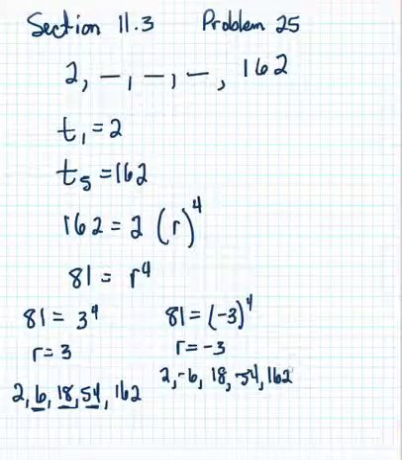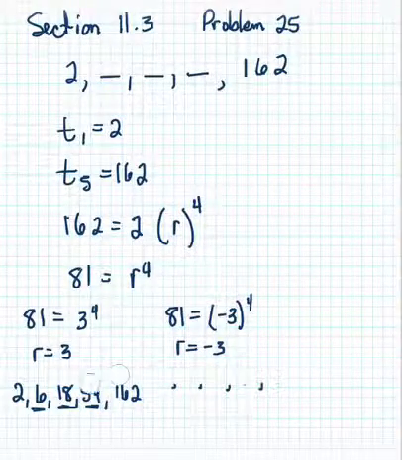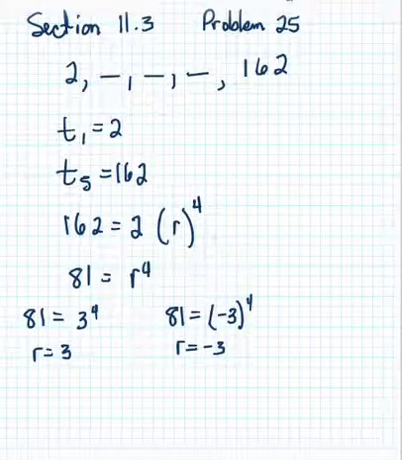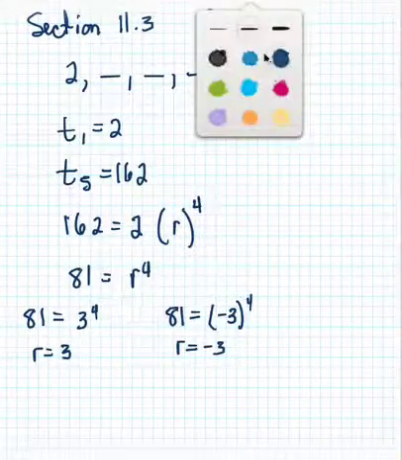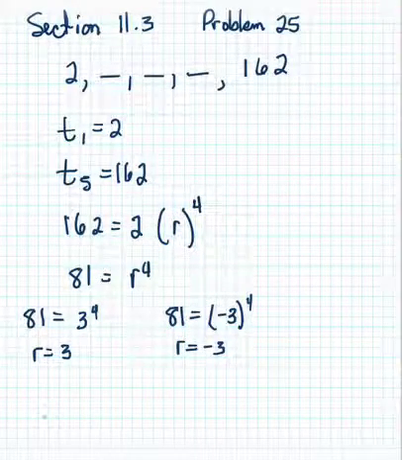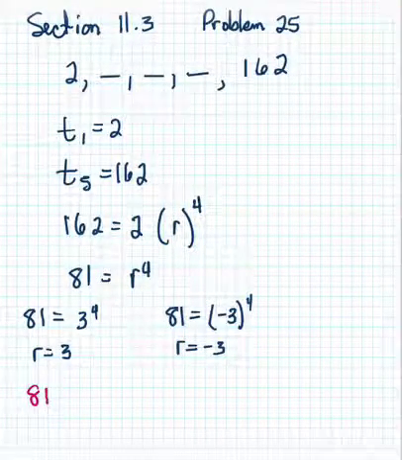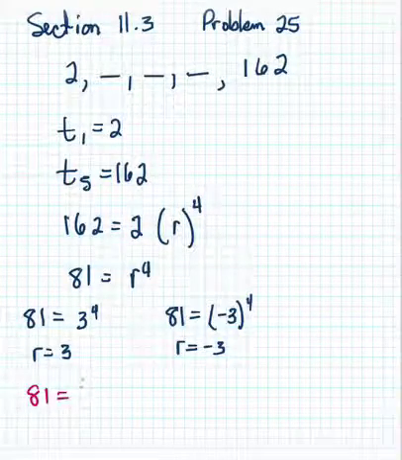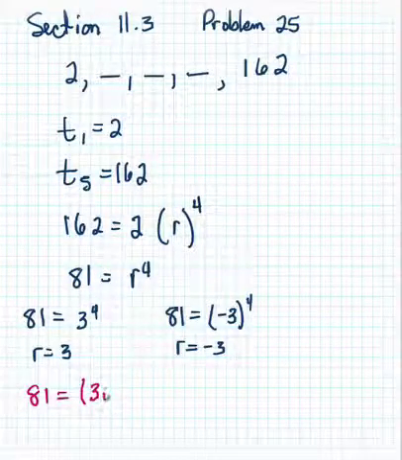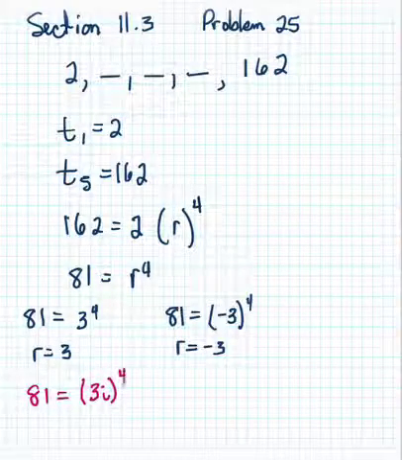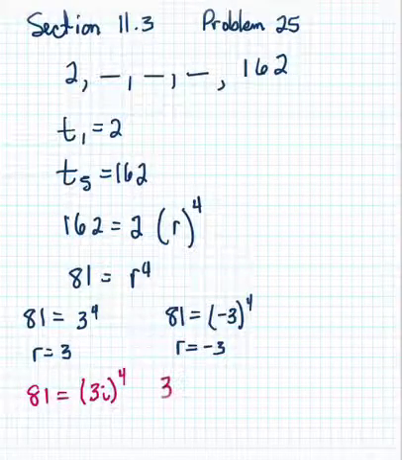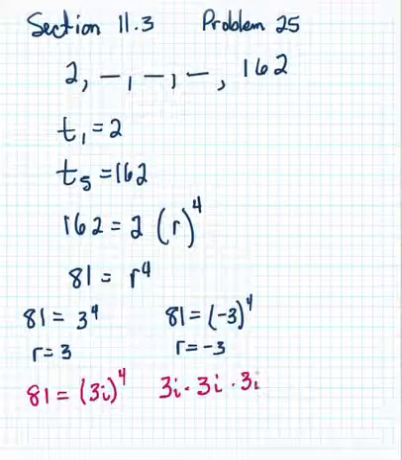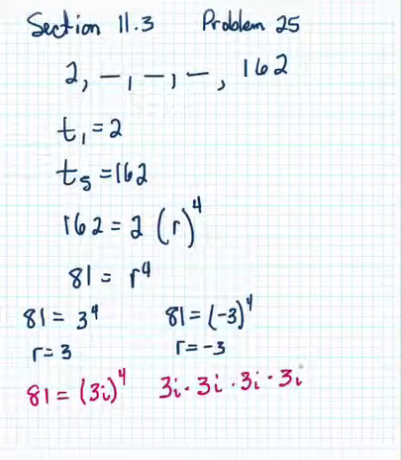If I'm in the complex number plane, let me erase those just to get them out of the way. Another way I could get 81 would be 3i to the fourth. To convince yourself it works, it's 3i times 3i times 3i times 3i.